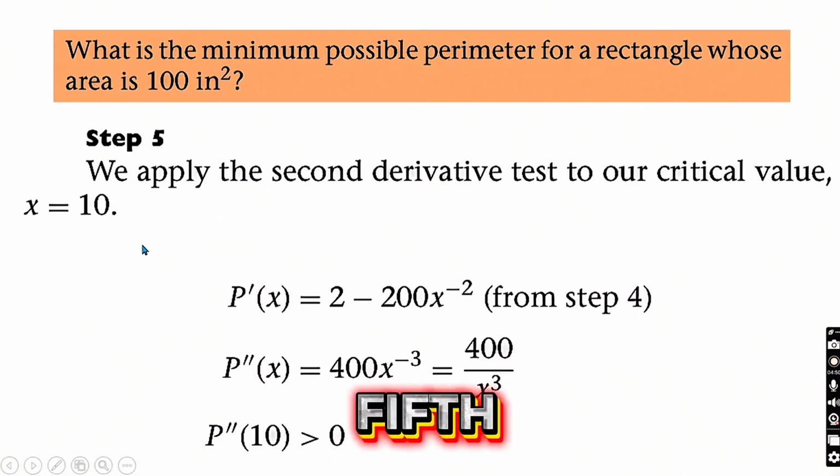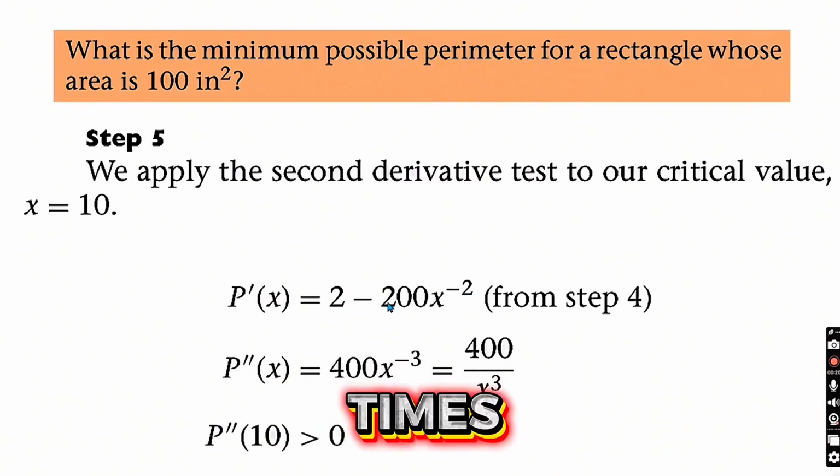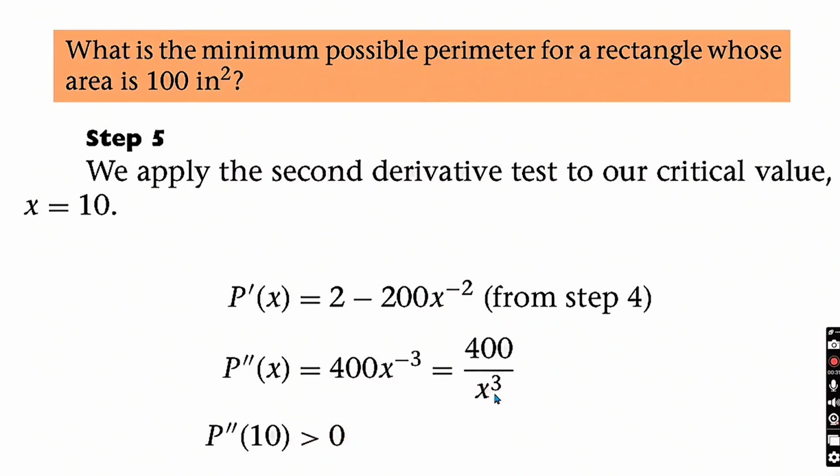For our fifth step, we will apply the second derivative test to our critical value x is equal to 10. From the first derivative, we will find the derivative of this. This is 0, negative 2 times negative 200, that's positive 400, x to the negative 2 minus 1, that's negative 3, or the same as 400 over x cubed.